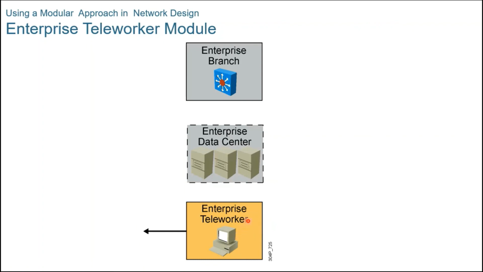Next would be the enterprise teleworker. The enterprise teleworker module provides people in geographically dispersed locations, such as home offices or hotels, with highly secure access to central site applications and network services. The enterprise teleworker module supports a small office with several employees or the home office of a telecommuter.